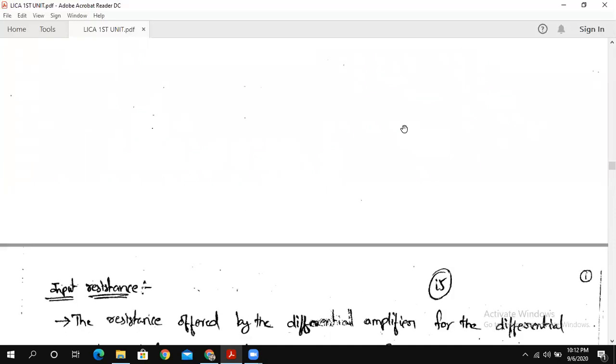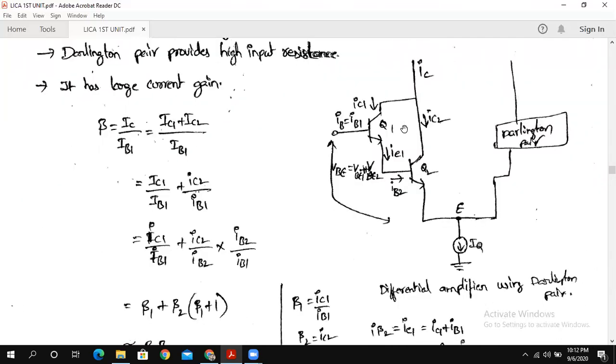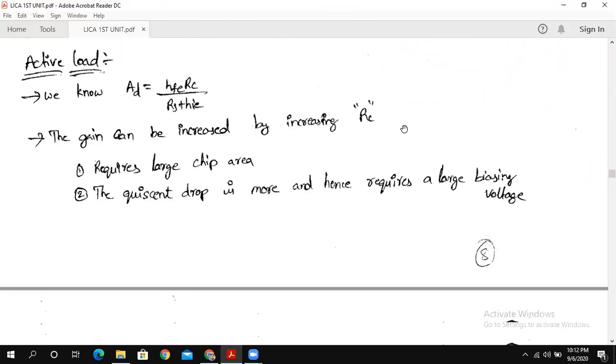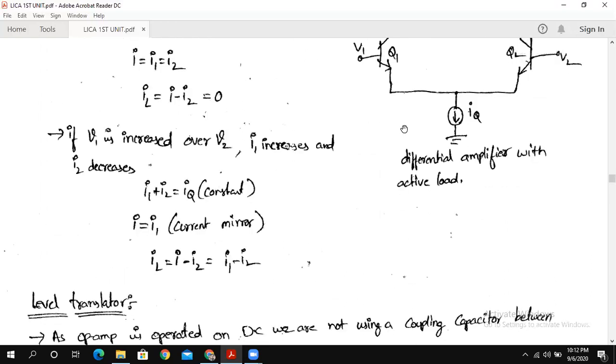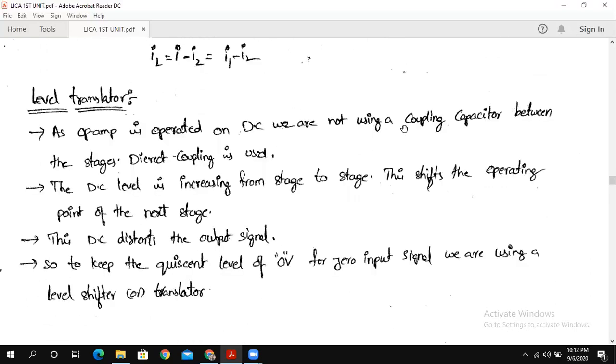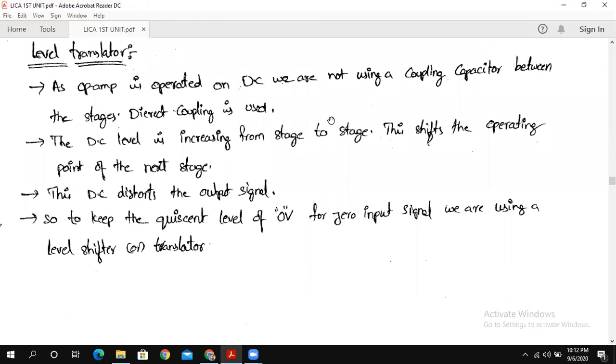Next, we are going for the level translator circuit. So what is this level translator? As we have discussed in the first class itself, an op amp consists of mainly 4 blocks.